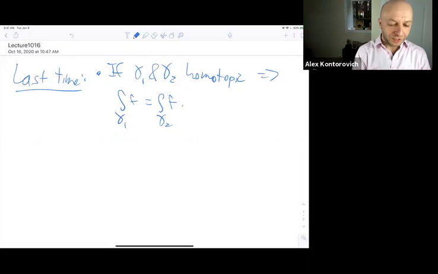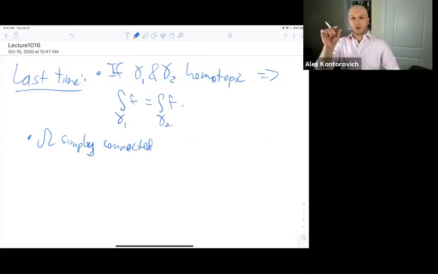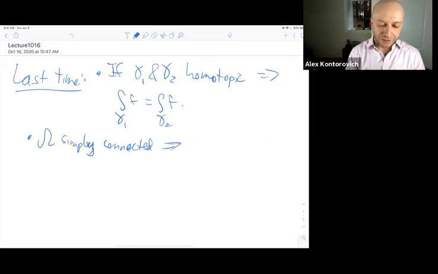We discussed simply connectedness. So if omega is simply connected, that is, any two curves starting and ending at the same points are homotopic, then all kinds of things follow, including that the integral over a closed curve of any holomorphic function is 0.